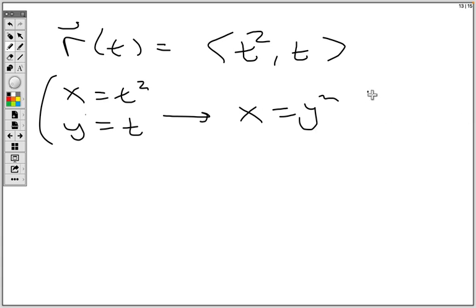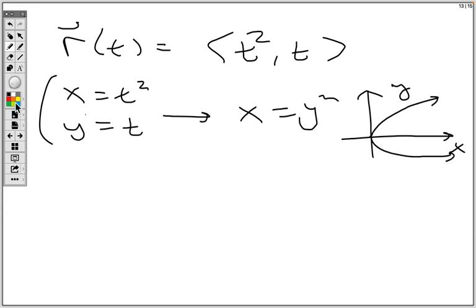Do you know this curve? Yeah, it's a parabola. And since it's a positive y squared, it's opening to the right. So this is the graph of it. But as y increases, right, y is the t here.